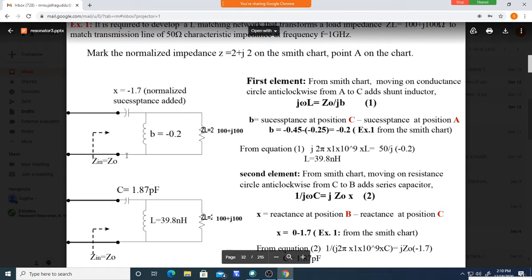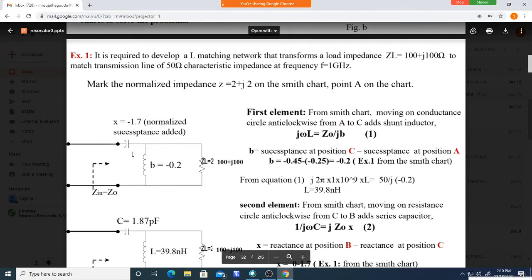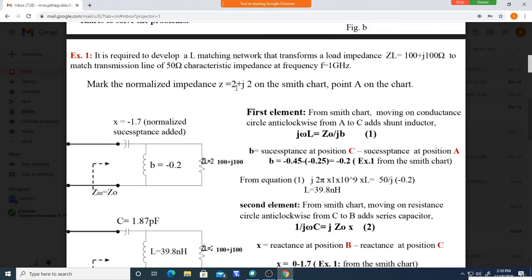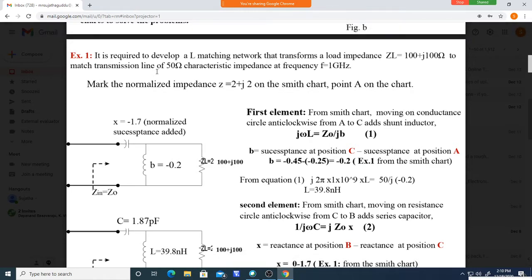So for that, we have to mark it on the Smith chart. This load is given by the normalized load Z equal to 2 plus j2. That means we divide this by the characteristic impedance of the system. They may give a transmission line, or sometimes they specify a system impedance.